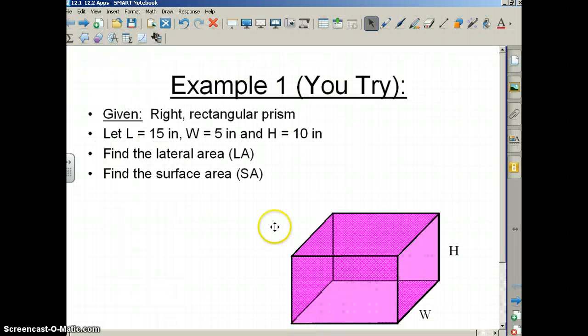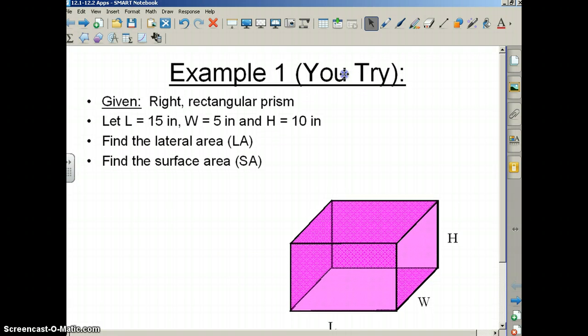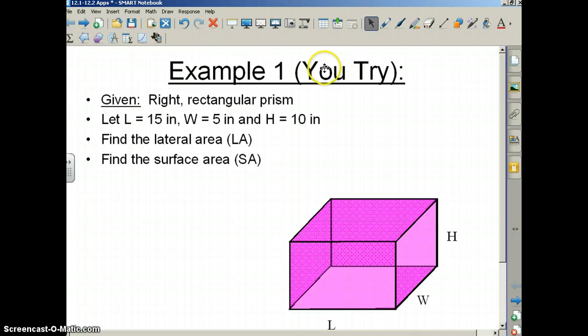So we're going to go to some applications of this, and we're going to use the formulas that we talked about. Specifically when you're dealing with a rectangular prism, your lateral area may come out differently depending on what face you choose as the lateral face. You're given that this is a right rectangular prism.